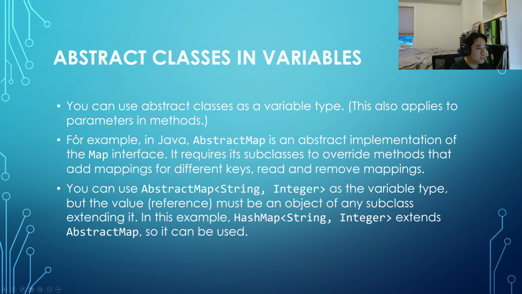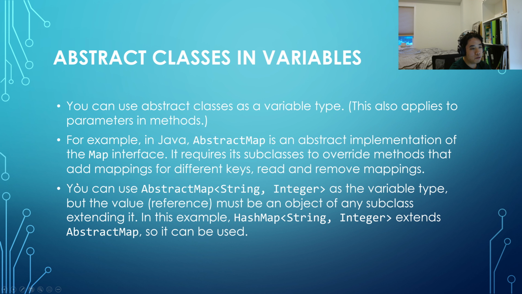Okay, here's an example. According to Java's documentation, there's an abstract class called AbstractMap, which is an abstract implementation of the Map interface. It requires its subclasses to actually override methods that add mappings for different keys, read those mappings, and even remove them.